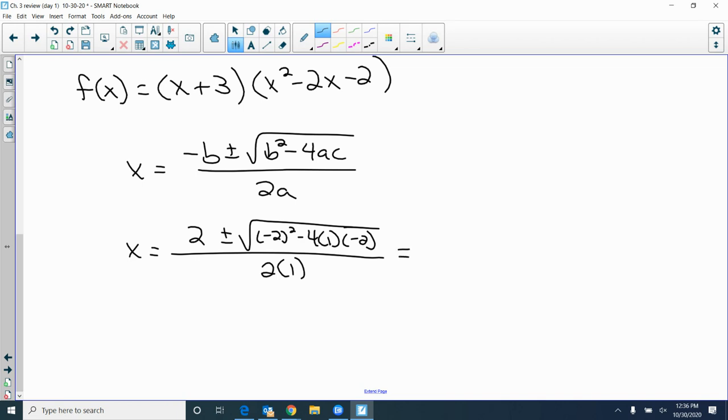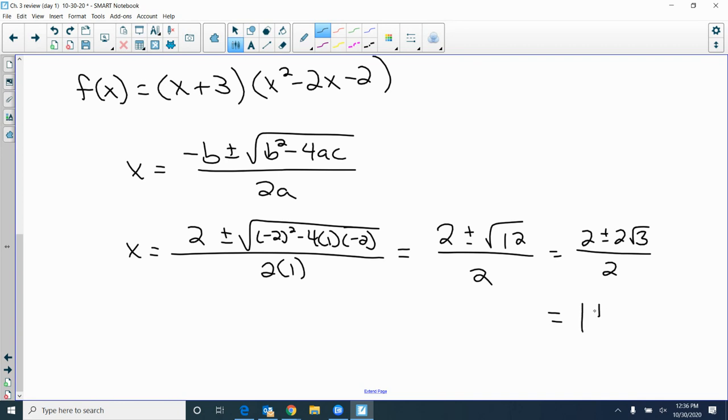And I get 2 plus or minus square root of 12 over 2. Make sure you simplify square root of 12, which is 2 radical 3, over 2. And now in the end, what do we get? 1 plus or minus square root of 3. So my zeros are negative 3, 1 plus or minus square root of 3.